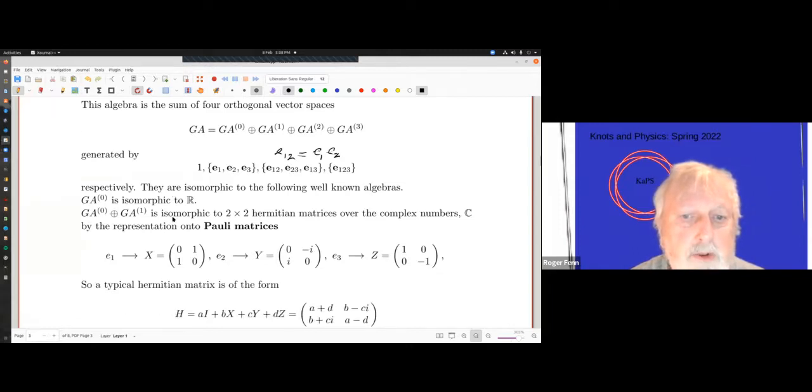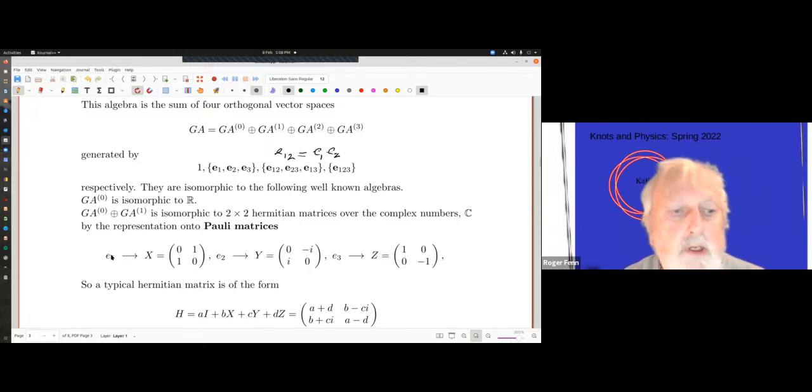And we've got the following well-known algebras. GA0, let's say, is the real field. GA0 plus GA1 is isomorphic to 2 by 2 Hermitian matrices over the complex numbers C, by the representation onto Pauli matrices.